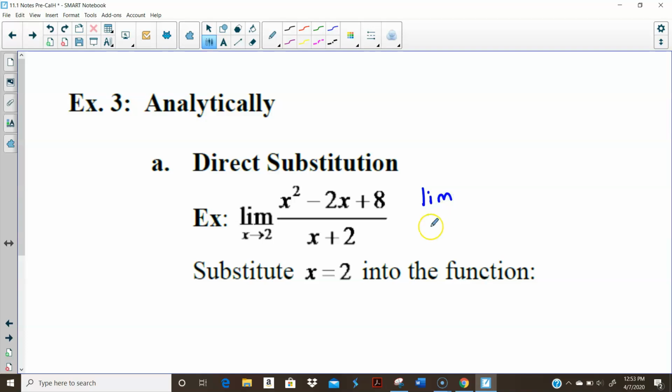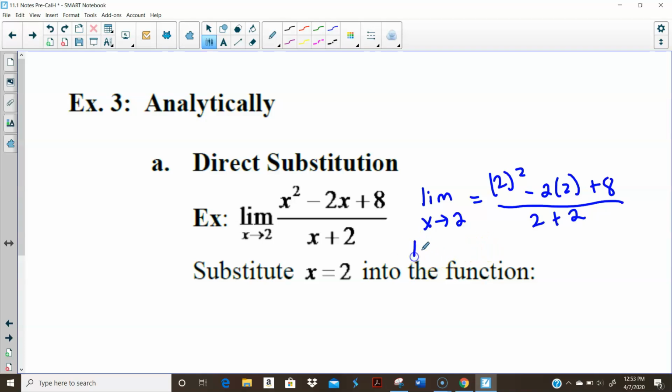So the limit as x approaches 2 is equal to 2 squared subtract 2 times 2 plus 8 over 2 plus 2. If we go ahead and simplify that, we get the limit as x approaches 2 is equal to 4 subtract 4 plus 8 over 4, and this is going to equal 2.